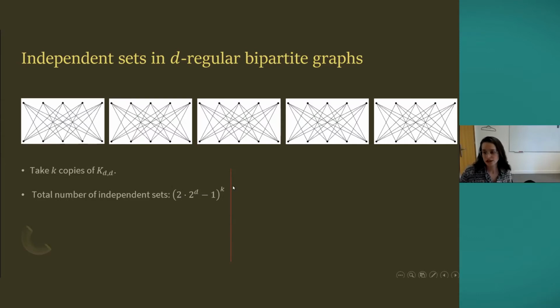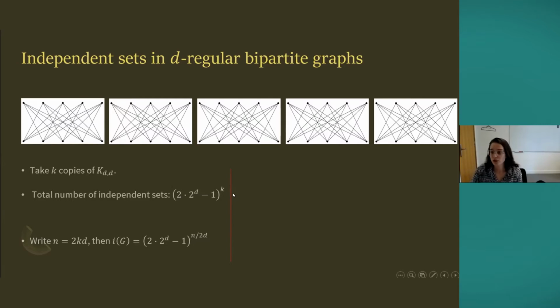So we just put it to the power of k, and we have the total number of independent sets in this graph. Once again, I want to write it in terms of the total number of vertices. This is what I get: the total number of independent sets is (2 times 2 to the D, minus 1) to the power of n over 2.